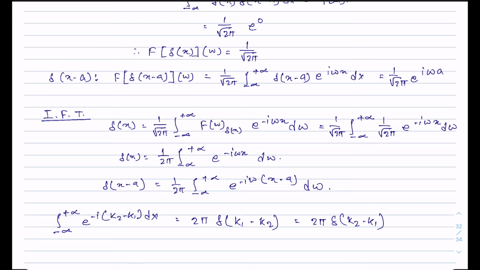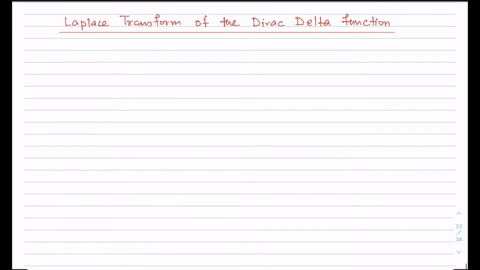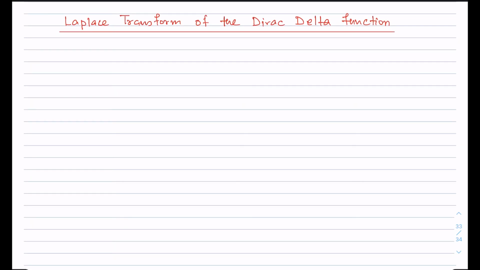Now let's find the Laplace transform of the delta function. The Laplace transform of any function f(x) is defined as L of f(x) equal to the integral from 0 to infinity of f(x) e to the power minus sx dx.